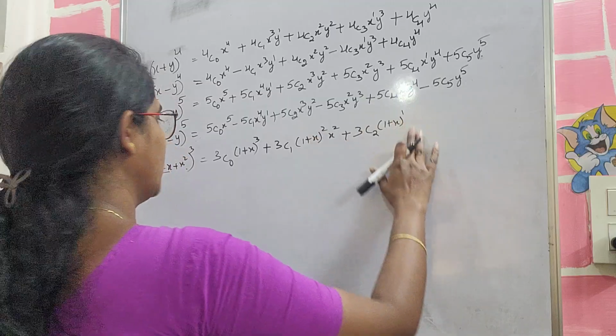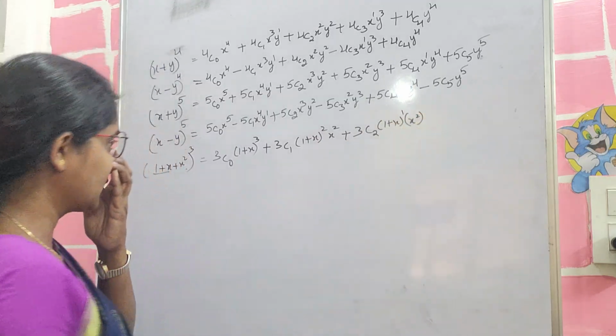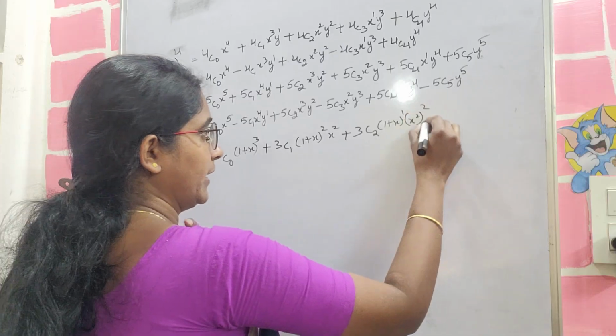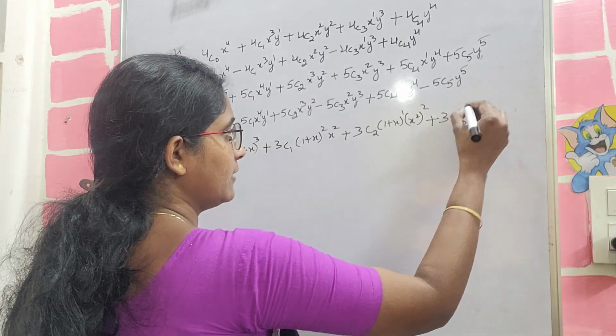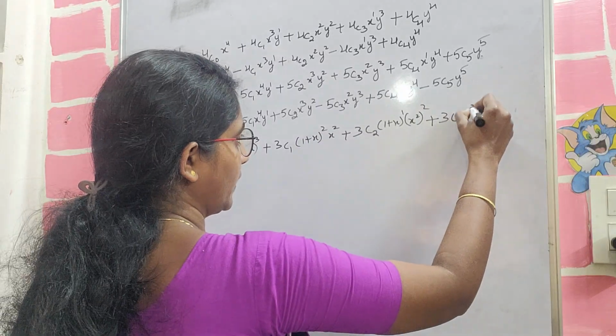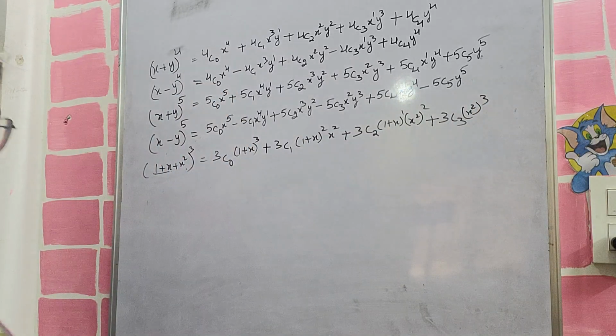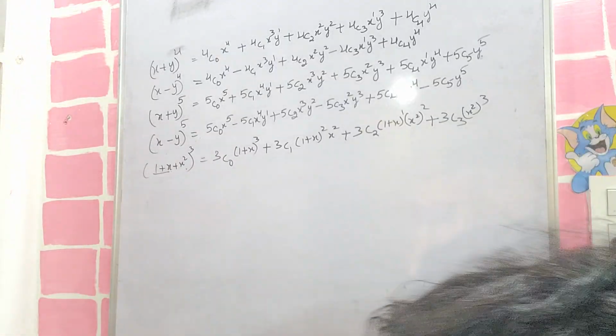So y is what here? y is x square, right? x square of 2. Then plus 3c3. Then here 1 plus x will not come, so x square of 3. Like this way. We have done this.